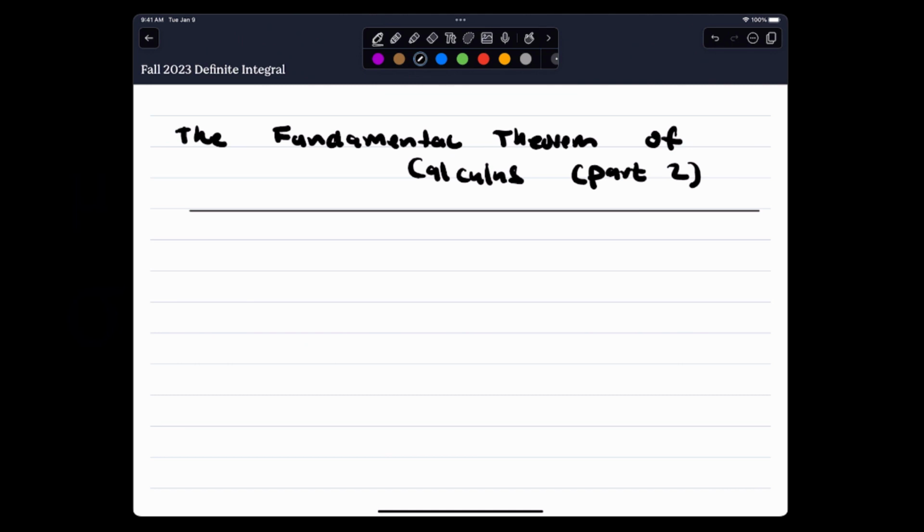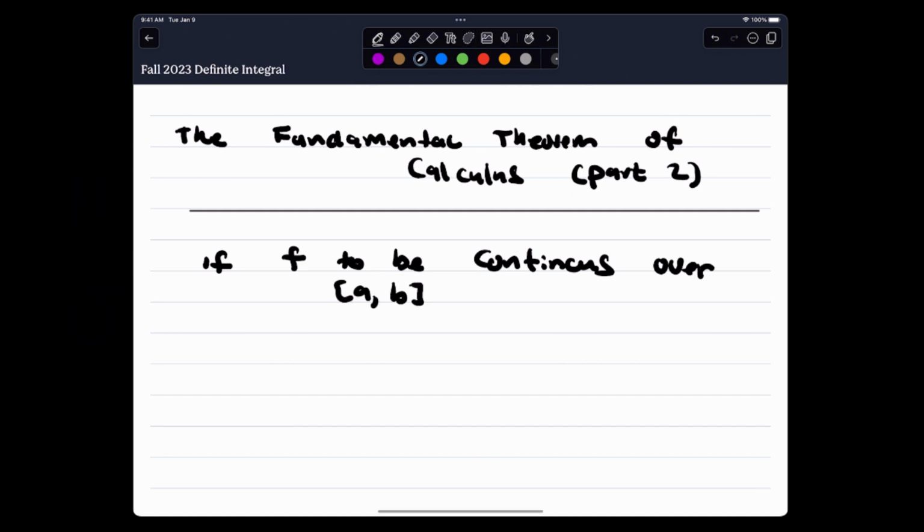So here's the deal. You require f to be continuous over the interval [a, b]. Okay?